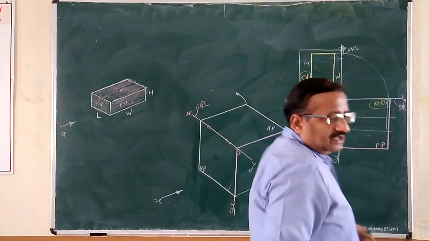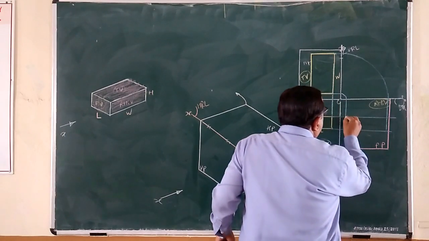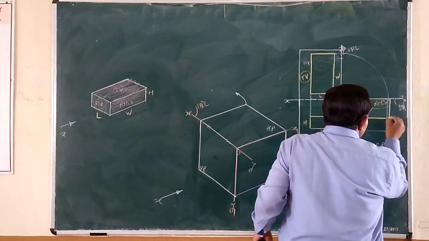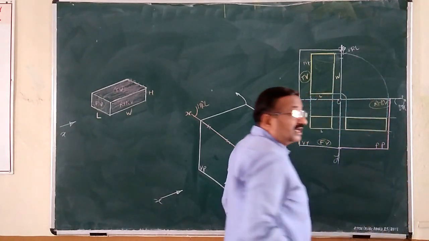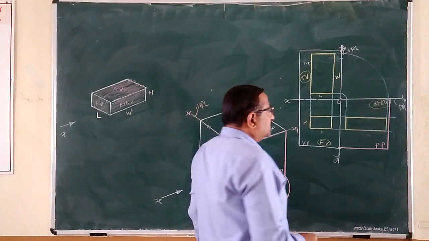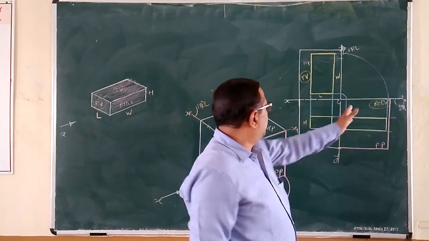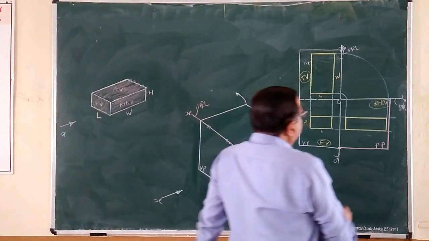As earlier, I have again written the same sentence: without using scale, we are going to get its profile view, that is side view, which is specifically the right hand side view. From this direction, this W by H, you are going to get.